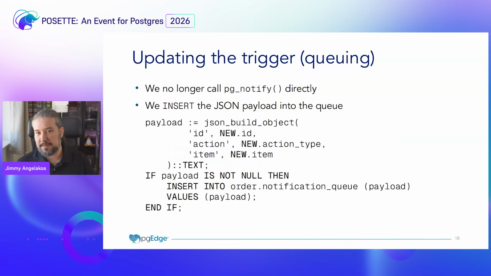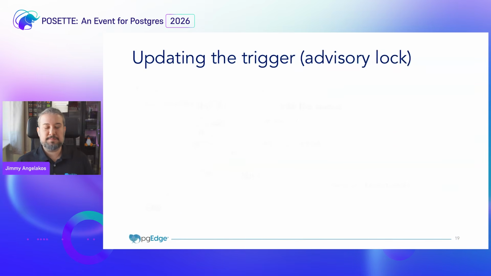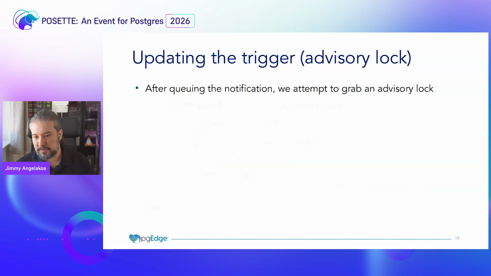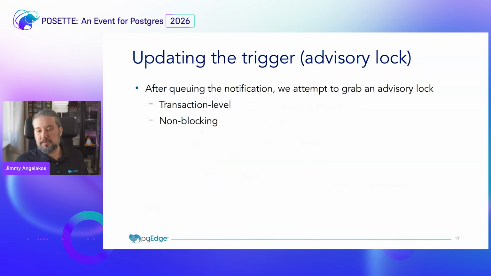Now, the next step in the trigger is updating it to do the advisory lock stuff. So after having queued the notification, we attempt to obtain an advisory lock. And this advisory lock only needs to be transaction level. It doesn't need to be global across the system. And it is non-blocking for the rest of the operations. That's why it's called an advisory lock.